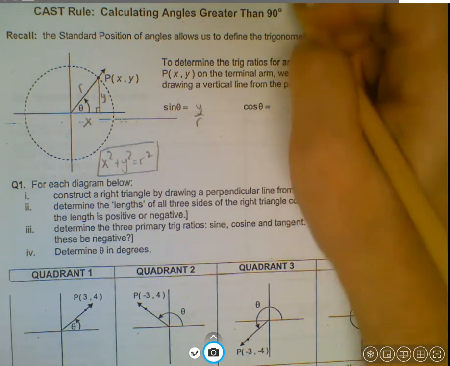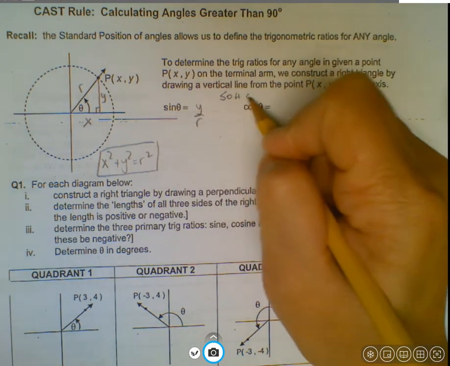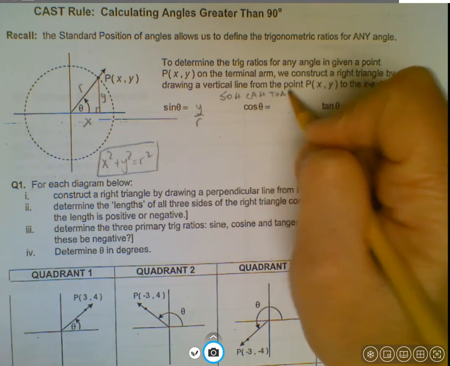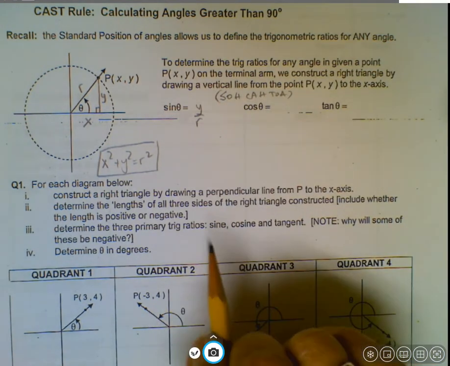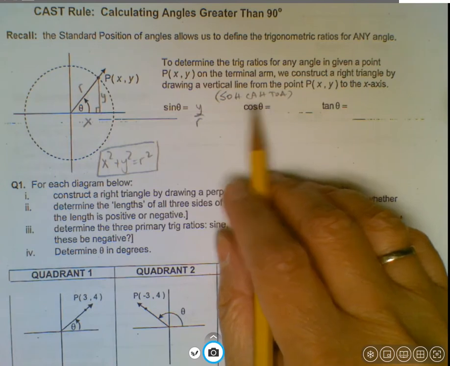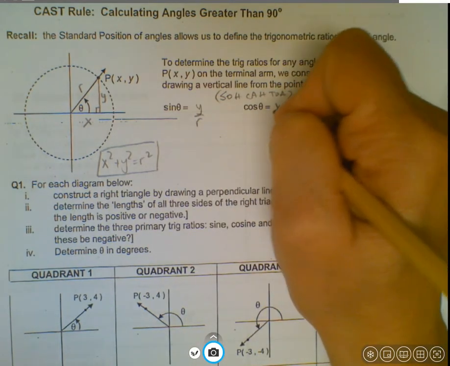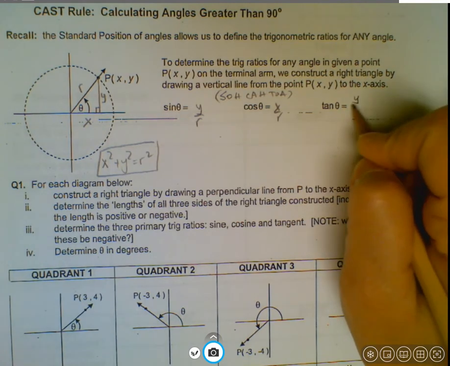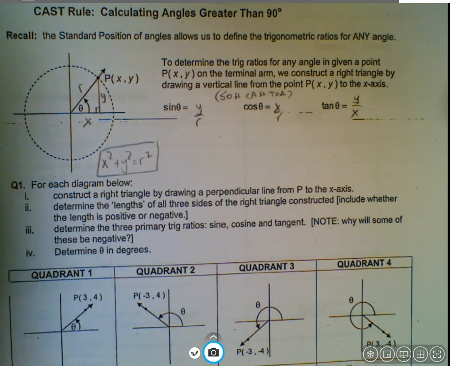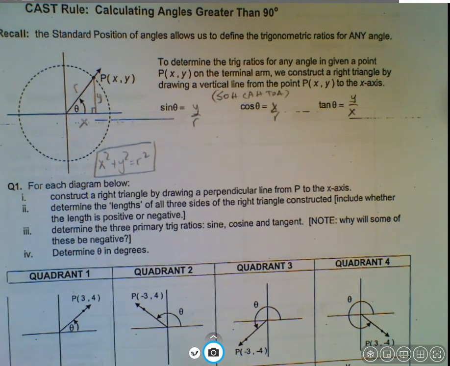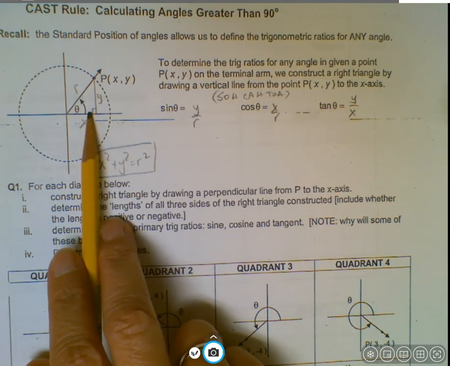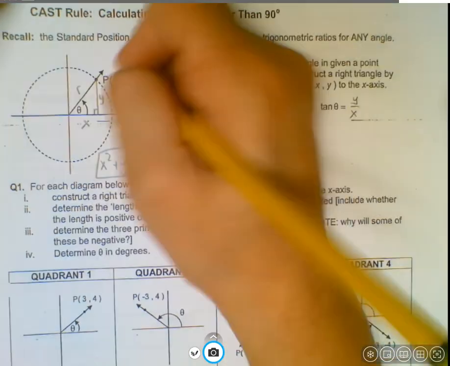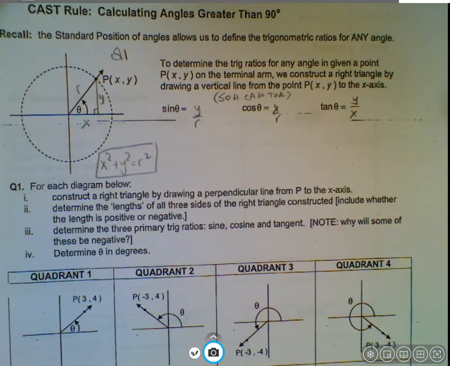Let me write SOHCAHTOA here just so we don't forget it. Cosine theta is adjacent over hypotenuse, so that's x over r. And tan theta is opposite over adjacent, so that's y over x. Right? Notice this triangle is in quadrant 1.